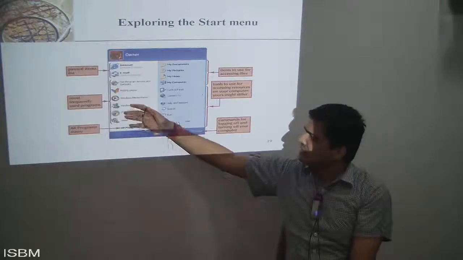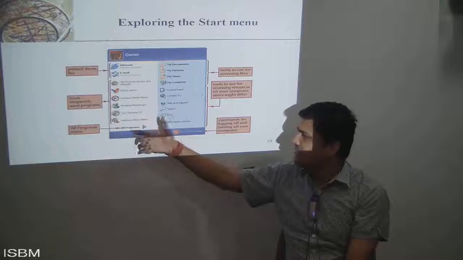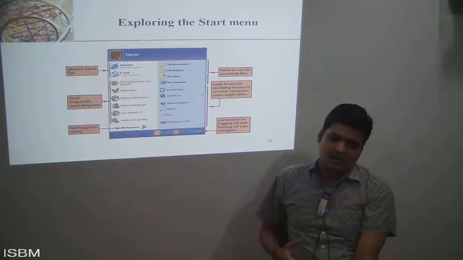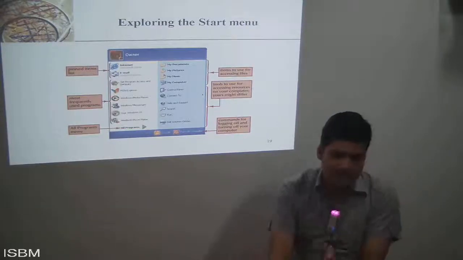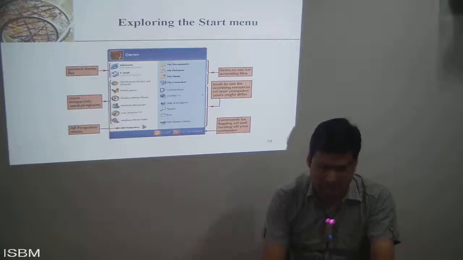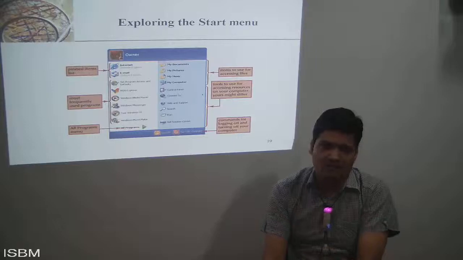These are the most frequently used things, shown here because they might be using Windows Media Player and Windows Movie Maker more and more. But most of the time in an organization we are not using these. On a personal laptop you can use them, but in the organization we mostly use files or folders.